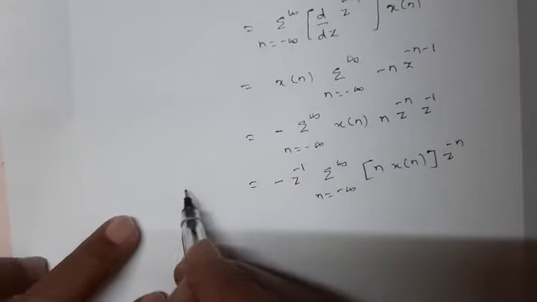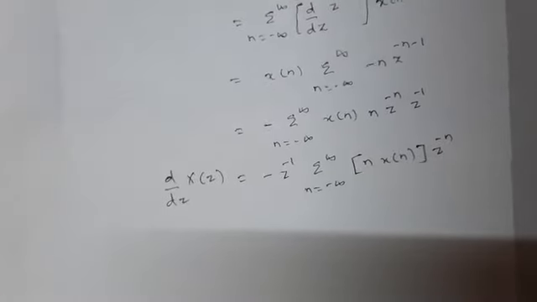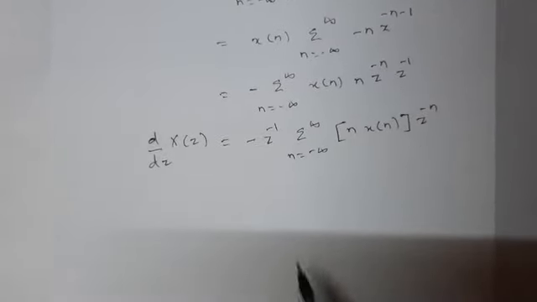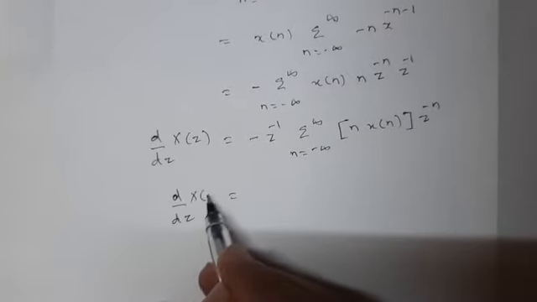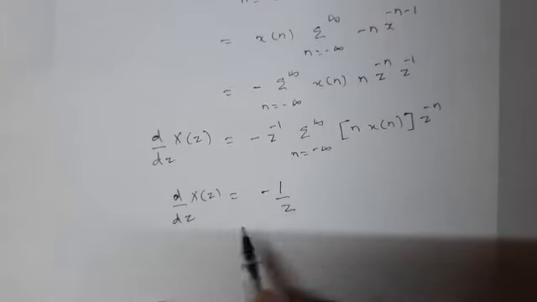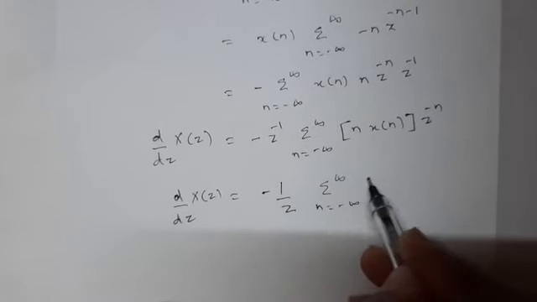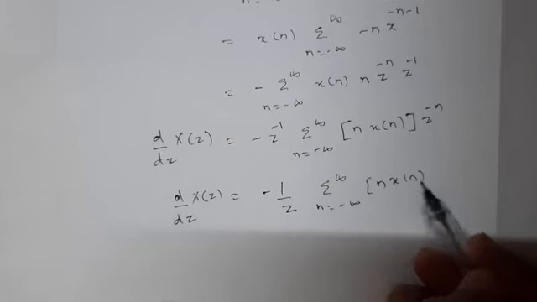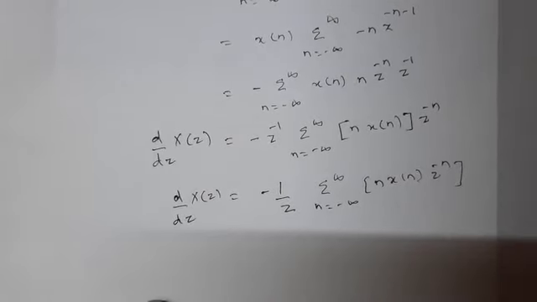So what is this equal to? This is d by dz X of z, so d by dz X of z equals minus 1 by z, z inverse means 1 by z, summation n equal to minus infinity to plus infinity n x of n z to the power minus n.